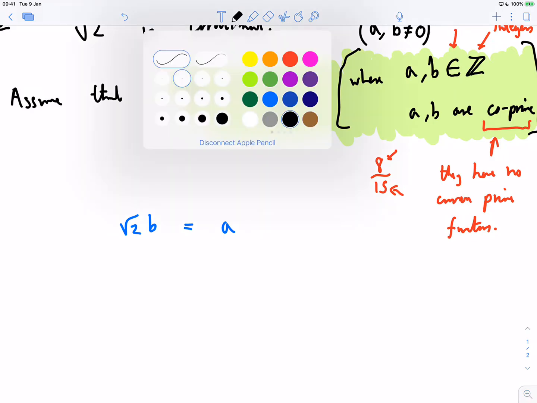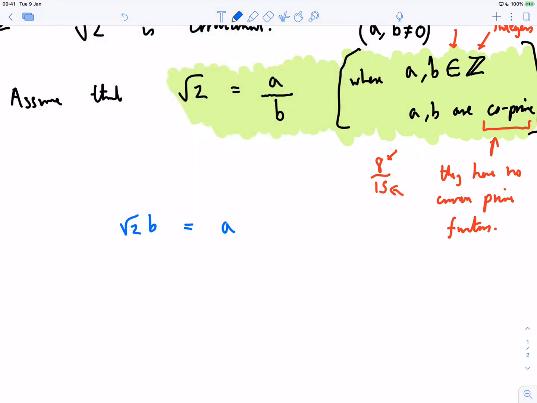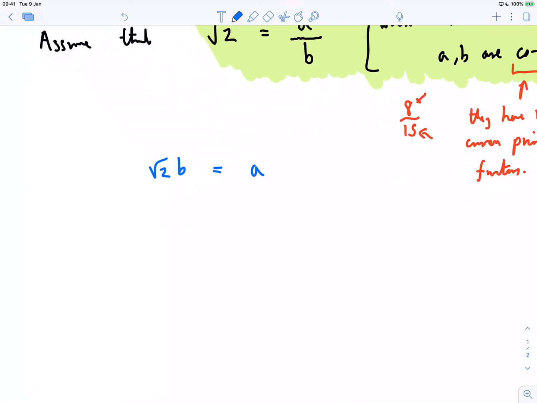So, let's get back to what we were doing. If root 2 b equals a, that's fine. Then what might the next step be? The next step might be to square both sides. So square the left-hand side, we get 2b squared. And on the right-hand side, we get a squared. Okay, now here's the deal.